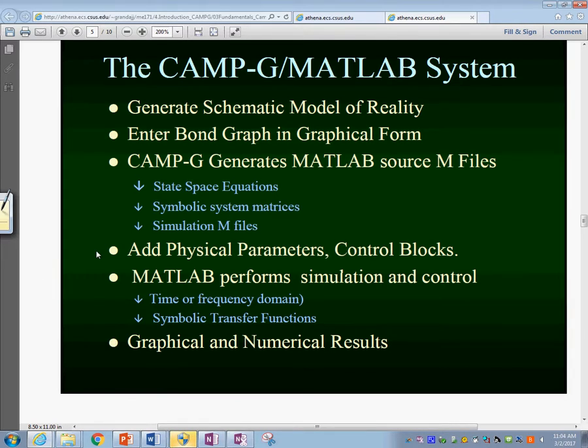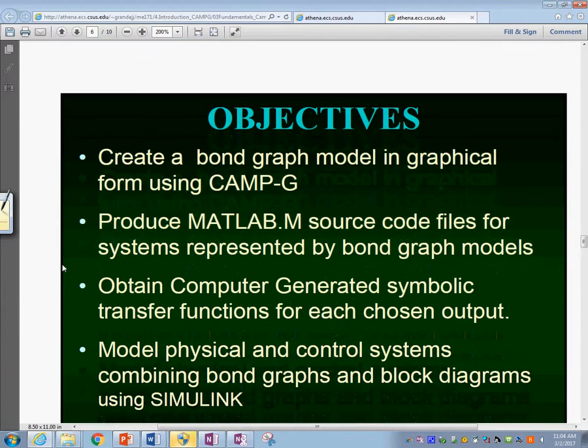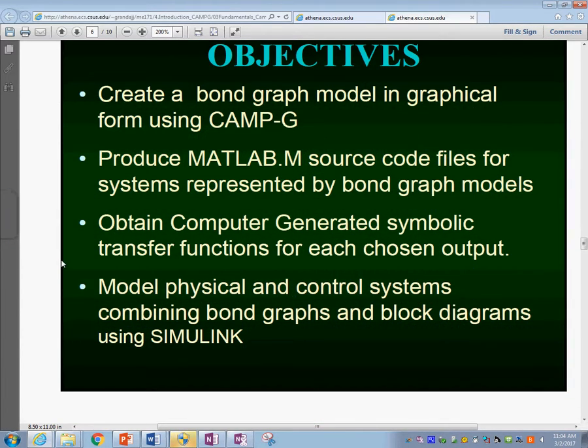Okay? This is, in words, what we have reduced to. Create a bond graph model, produce the MATLAB M source file automatically, and now we can produce the transfer functions for each output chosen. Okay. And finally, model the physical and control system. Combining block diagrams, you could use Simulink.